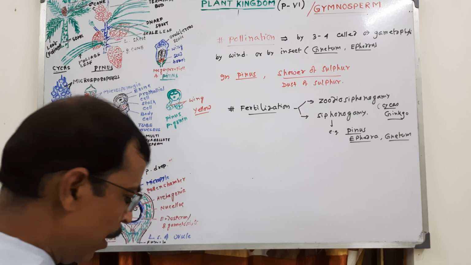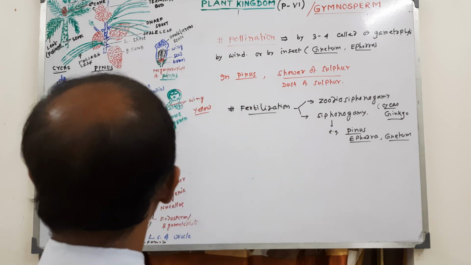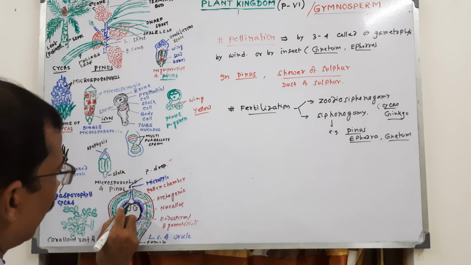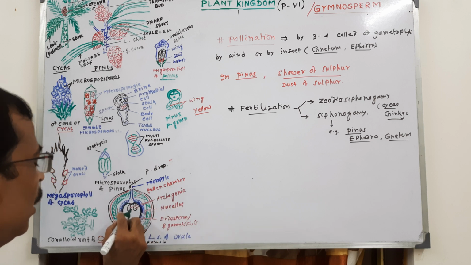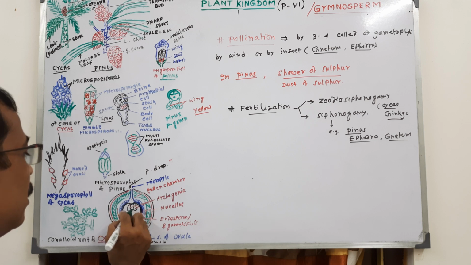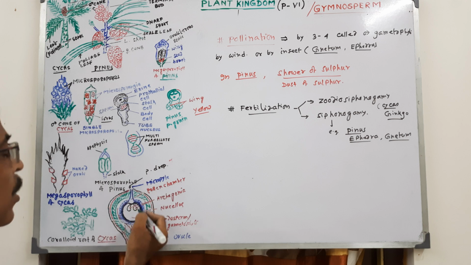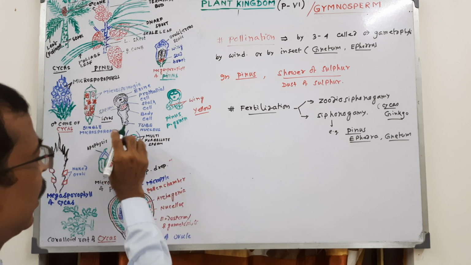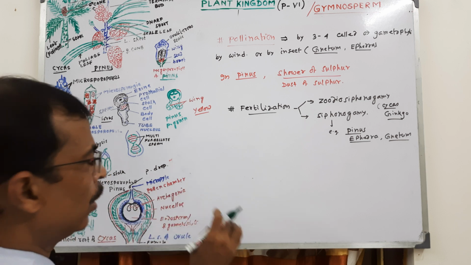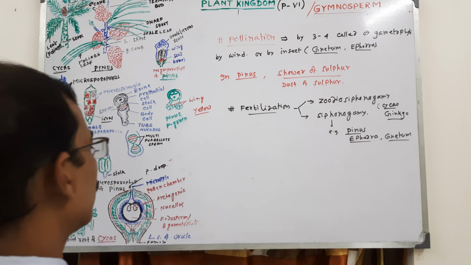During fertilization, the pollen tube grows downward and is introduced into the pollen chamber, where a pollen chamber is found, and ultimately the neck and ventral canal cells dissolve. The tip of the pollen tube bursts and discharges its contents within the archegonium, or directly at the tip of the micropyle, as in the case of Gnetum, because there is no archegonium.